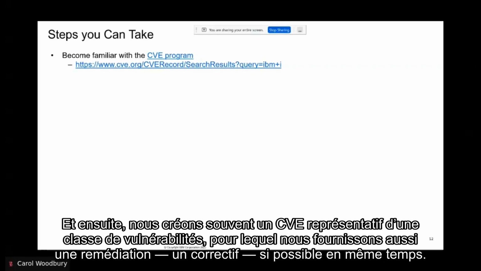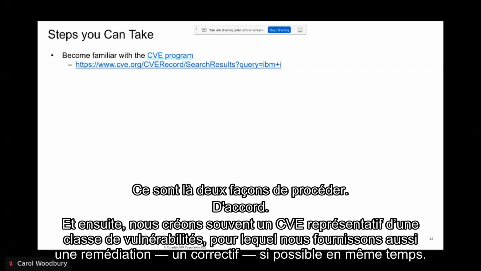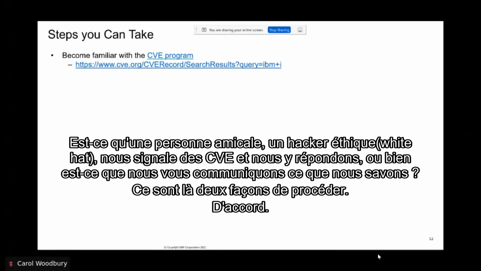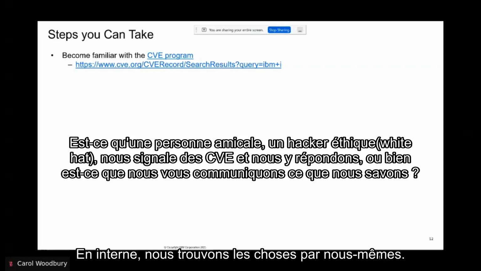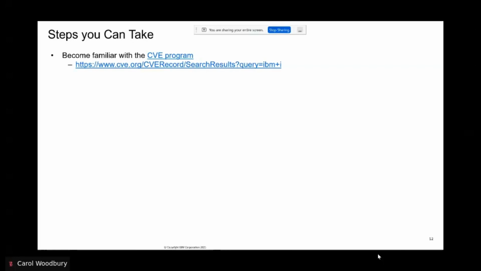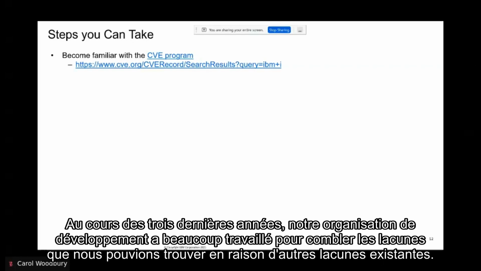Those are two of the ways: a friendly, white hat person reporting CVEs to us and us responding, or us, with what we know internally, finding things on our own. There's actually been quite a lot of work in our development organization over the last 3 years, closing some holes that we could find because of other holes that exist.